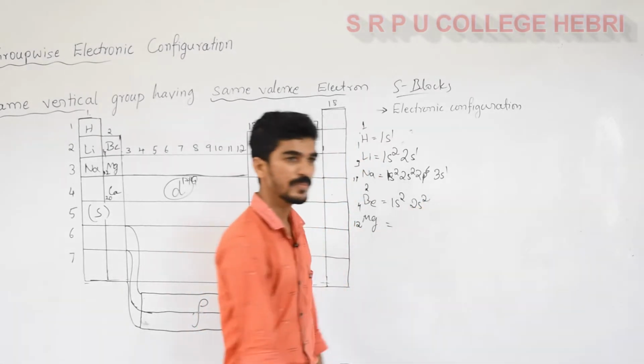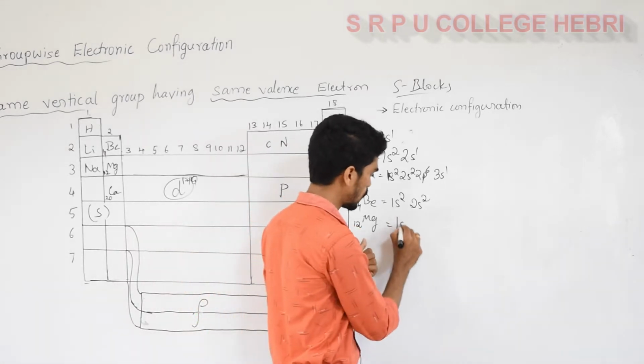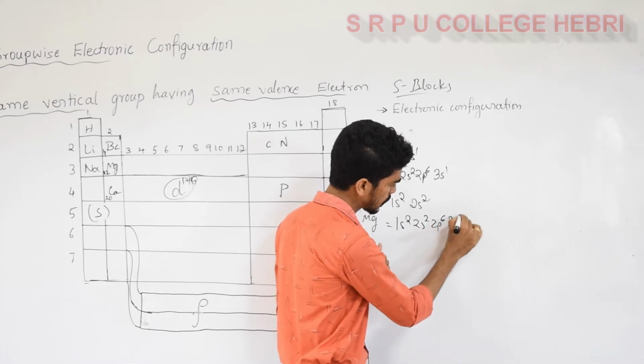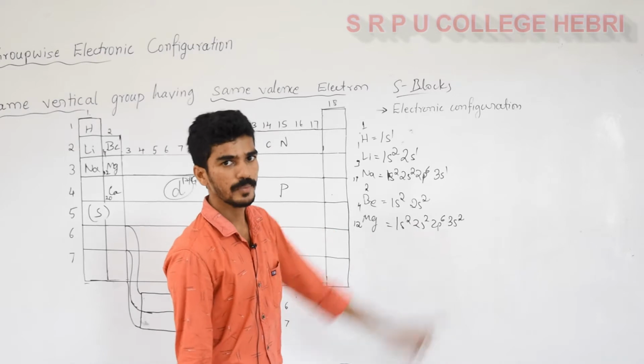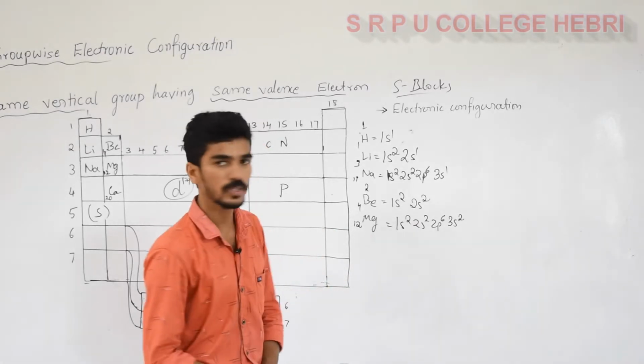Then magnesium has 12 electrons: 1s2, 2s2, 2p6, 3s2. So 12 electrons are present. Just observe the valence shell. Which is the valence shell? First you identify.